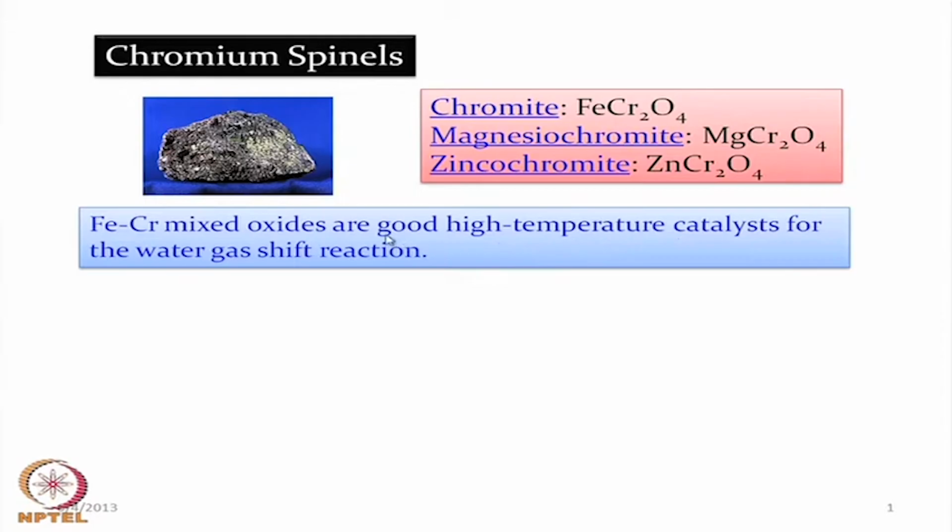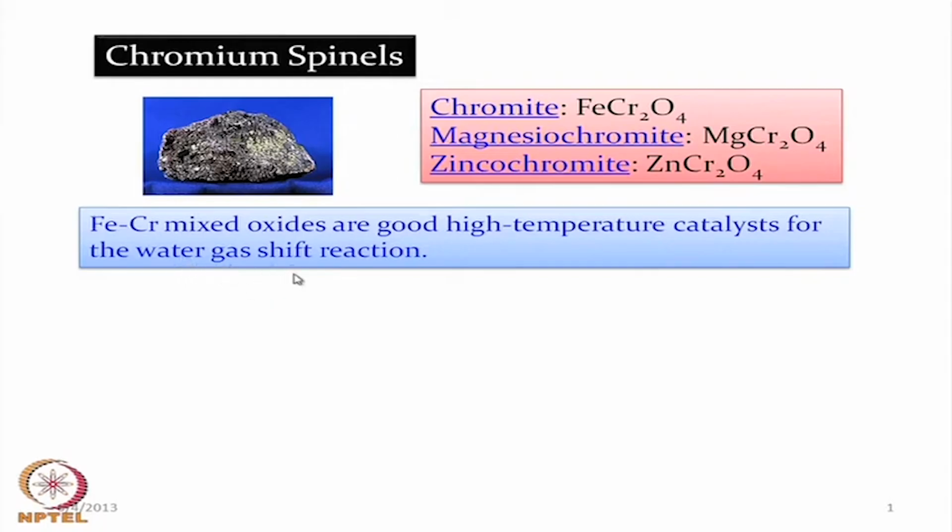One such important example is the use of chromite for the water gas shift reaction, where carbon monoxide reacts with water vapor. So how carbon monoxide can be utilized to react with water vapor to give us carbon dioxide and hydrogen, the mixture of which is known as water gas.